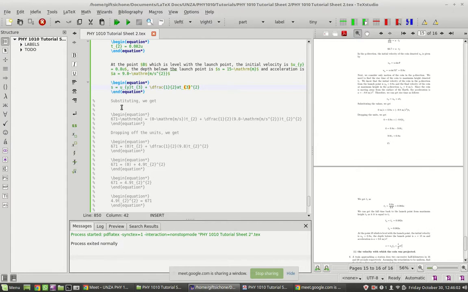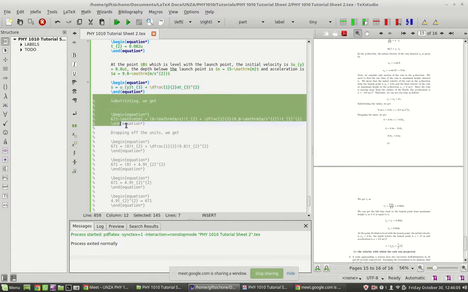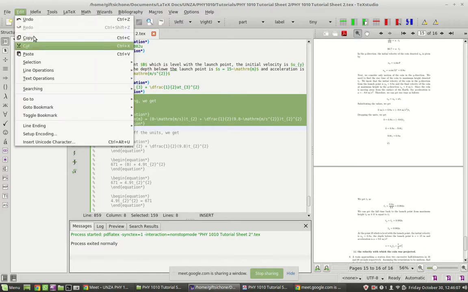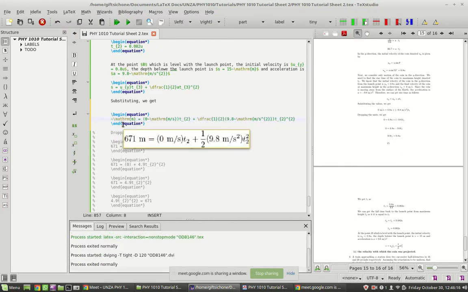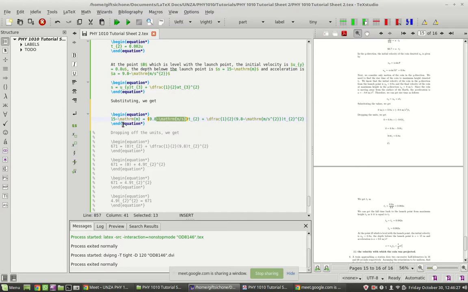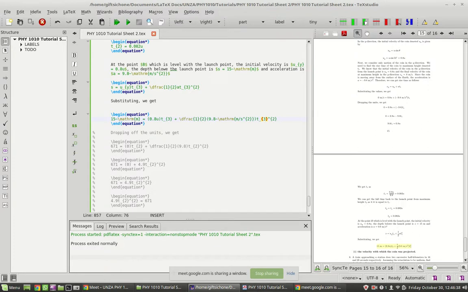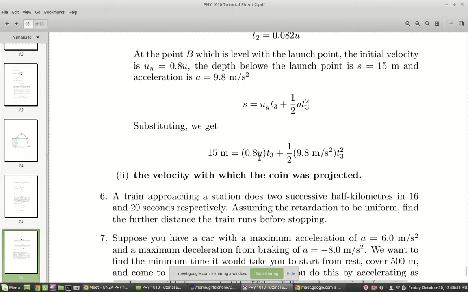So if we substitute, we have 15 meters, uy of 0.8u, T3, then 9.8 and T3 squared like that.